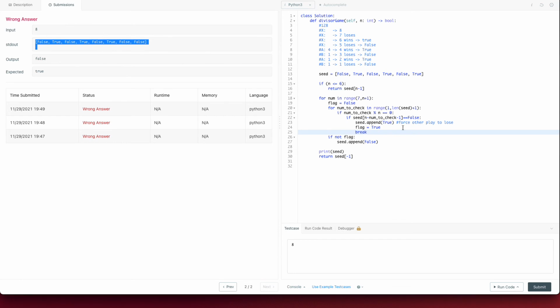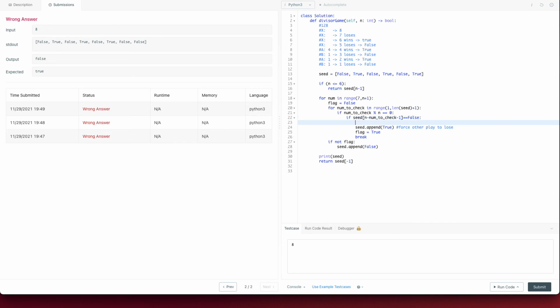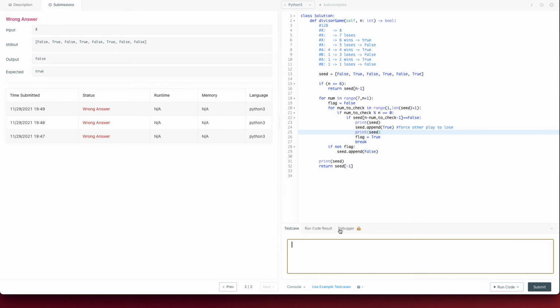So I built this correctly, and then num to check equals 0. So n is 8 minus 1 is 6. 6 equals false. I should have appended true and break. So I'm very curious, what's happening here?